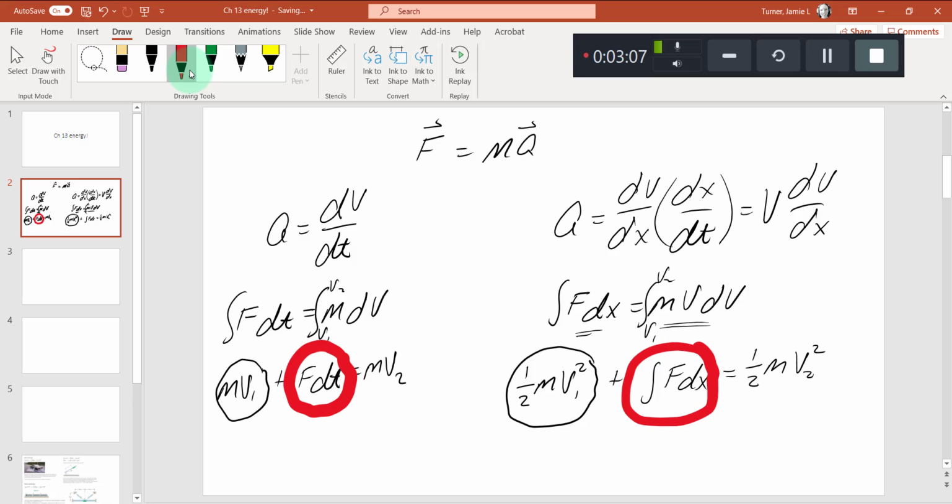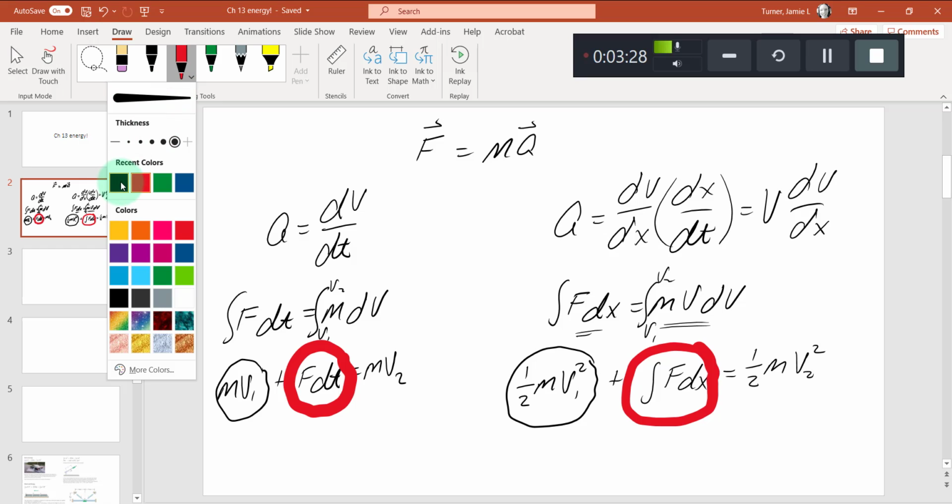And this could be either an impulse, something smacking it real fast through time, or friction through a distance, or maybe a spring force through some deformation, or MGH. There's going to be some kind of a force that happens through a distance, and then at the end of all of that, your system will have a new velocity.